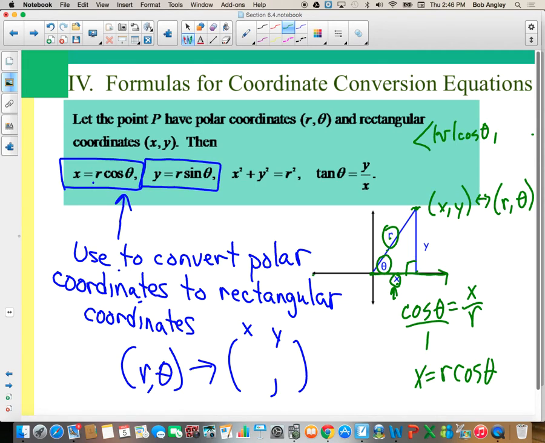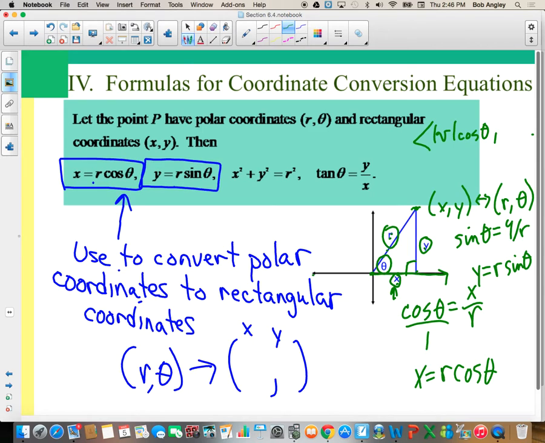And that's what we're going to get right here. Okay? So on getting that y one, if we know r and theta, the thing to do is use sine. So sine of theta is equal to y over r, and if I cross multiply, I just get y equals r sine theta. So that tells me those two equations are true.